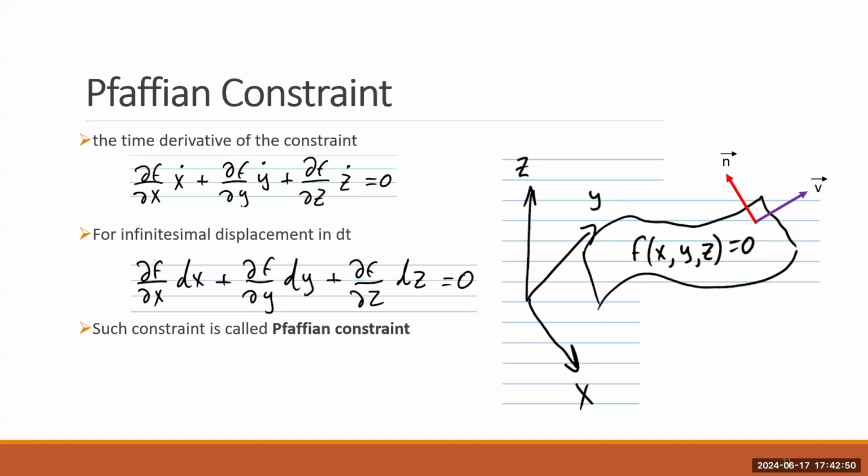We can also take this as an infinitesimal displacement in dt, and this is dx, dy, dz. That's the type of constraint that is called a Pfaffian constraint.